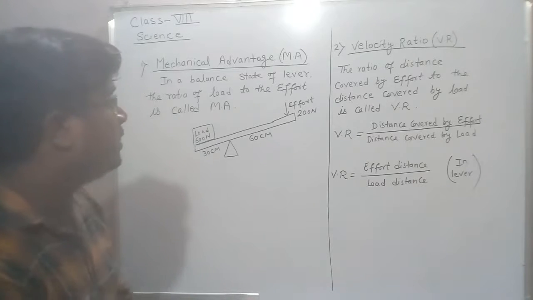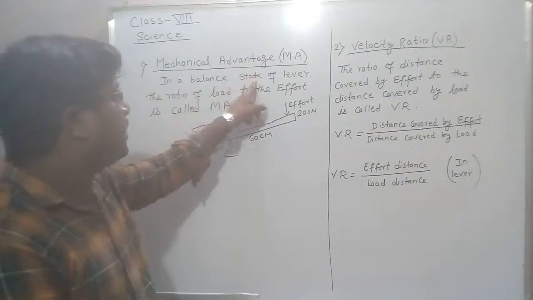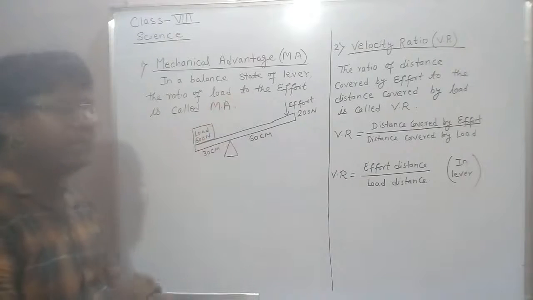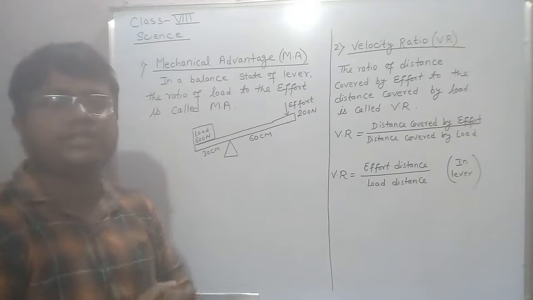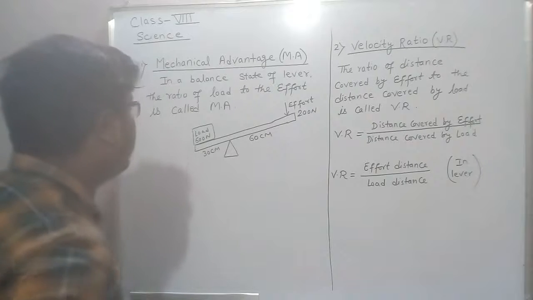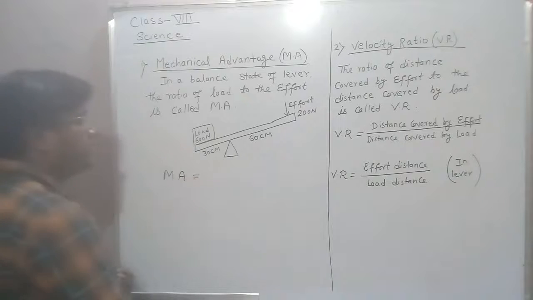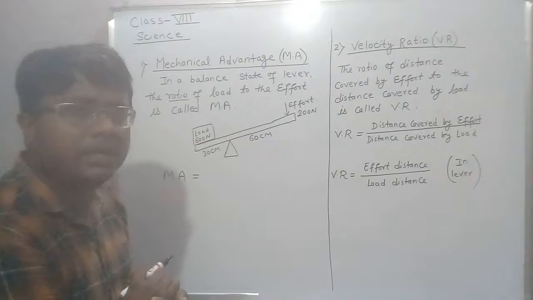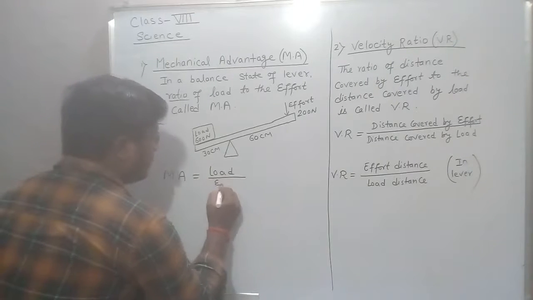In a balanced state of lever, it is simply the ratio of load to the effort. Mechanical advantage is the ratio of load to the effort, that is load upon effort.